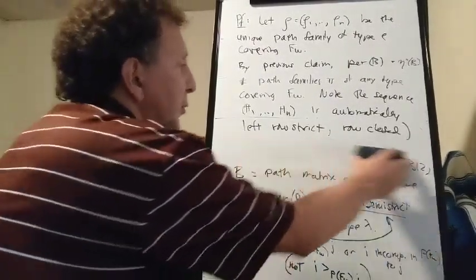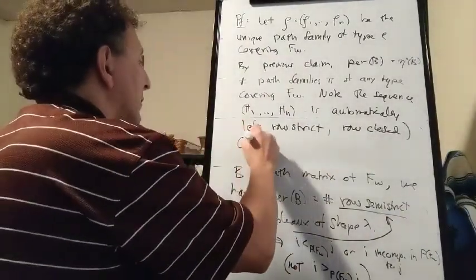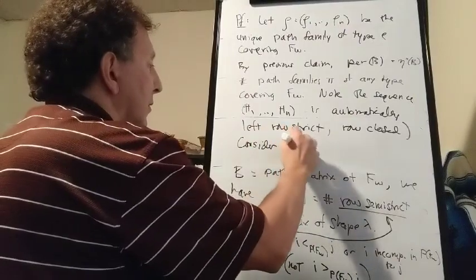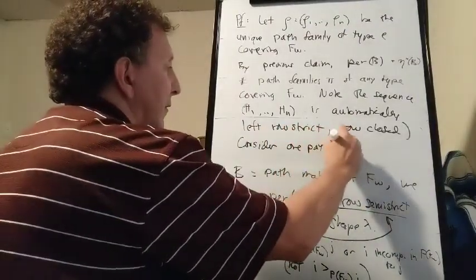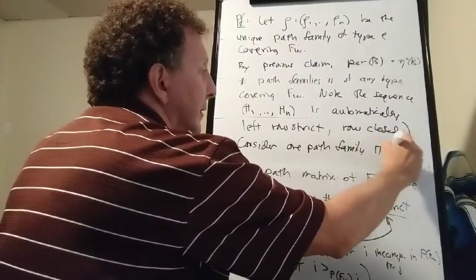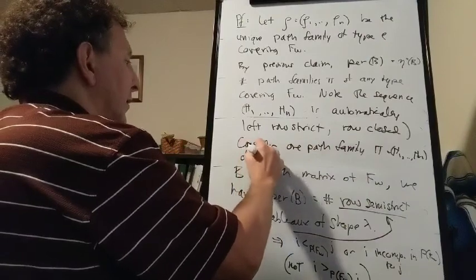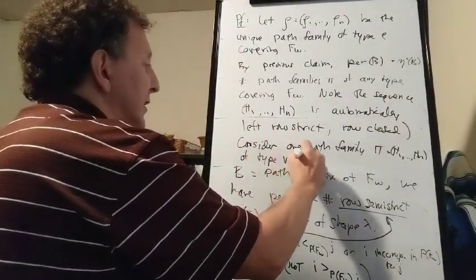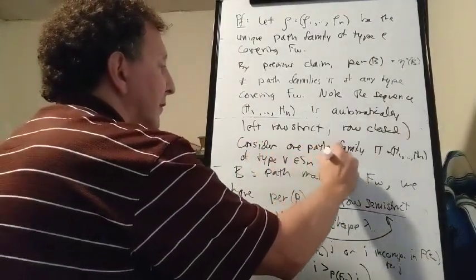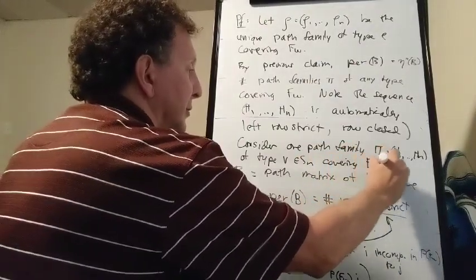All right, let's consider one path family pi of type v covering Fw.